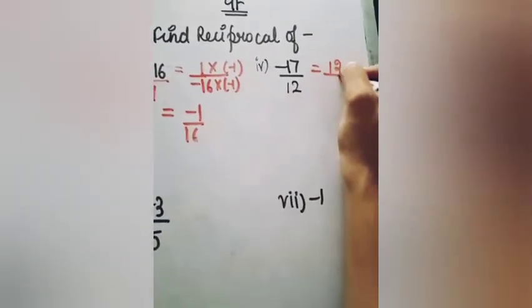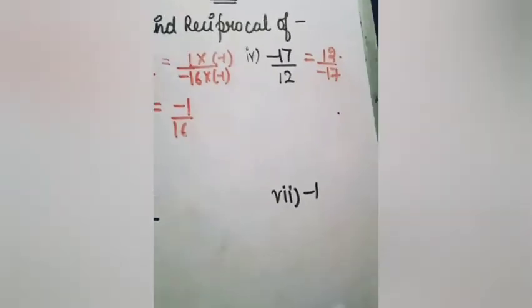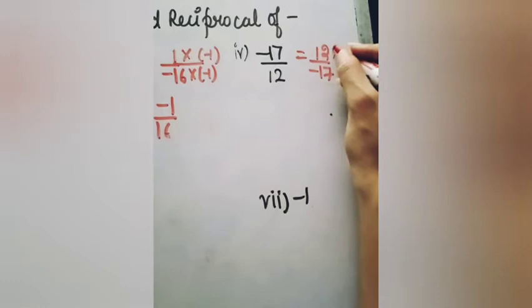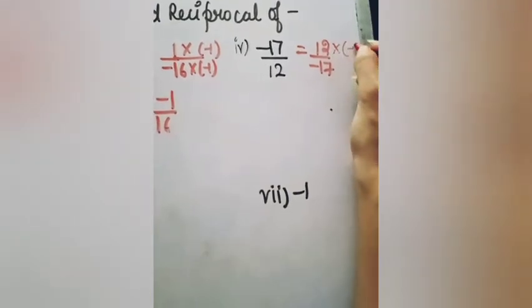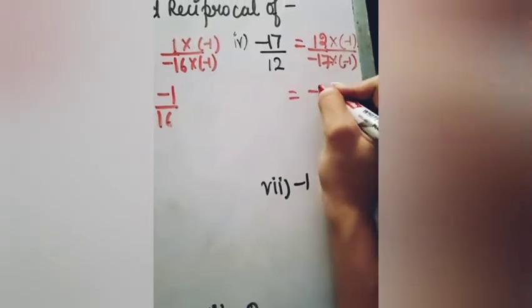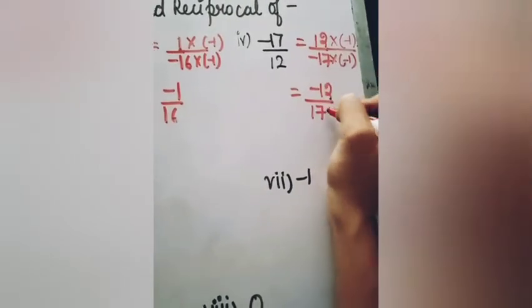It will be 12 upon minus 17, and whenever the denominator is negative, we multiply it by minus 1. So minus 12 upon 17.